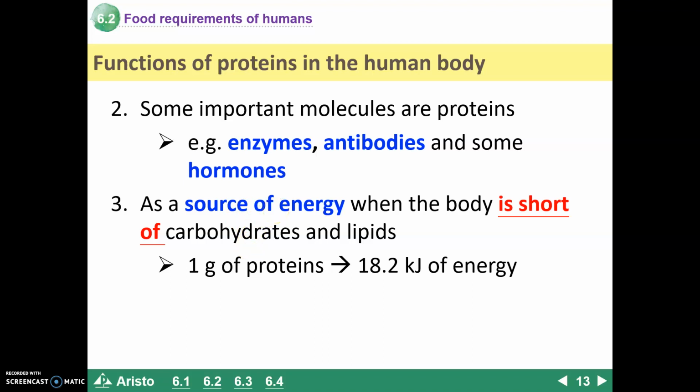Proteins have energy value, very much like that of carbohydrates. Carbohydrate is 17 something and protein is 18 something. So if we do not have enough carbohydrates or lipids, the protein will be burned. It will carry out respiration and release energy in order to maintain our basic functions.